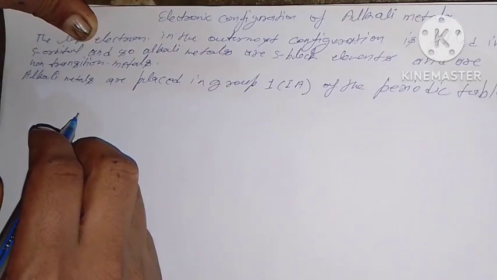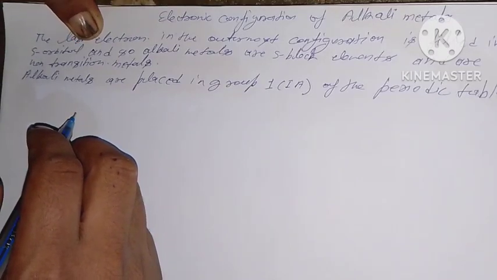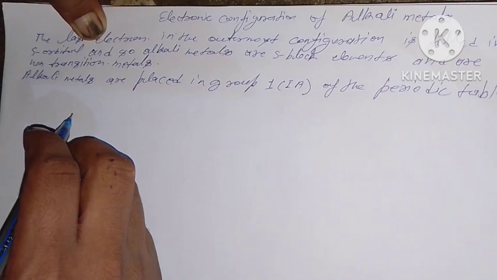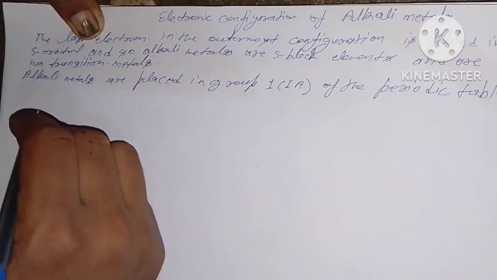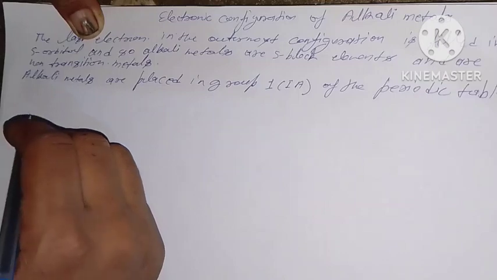As there is no (n-1)d electron, the subgroup is A.